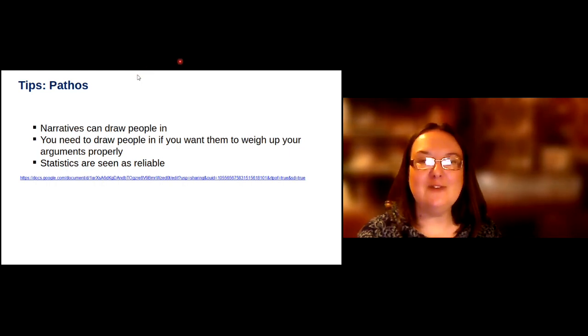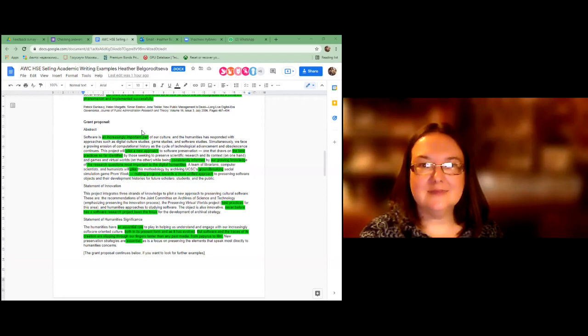Our final look at this example is that there was a small example of getting the reader to imagine something beyond a purely factual argument in our grant proposal, which is this lovely image here that they've included.